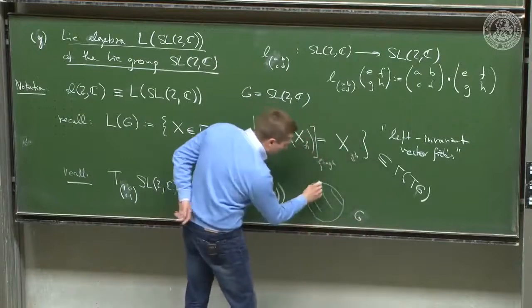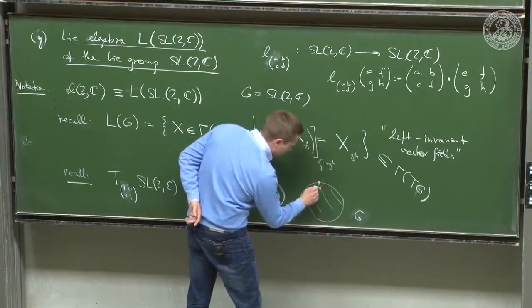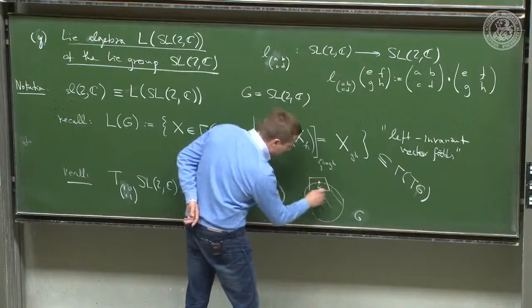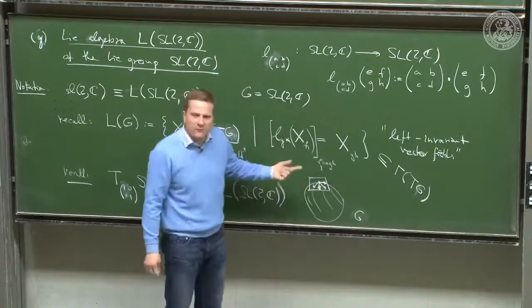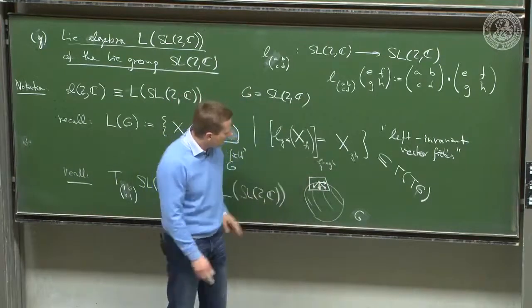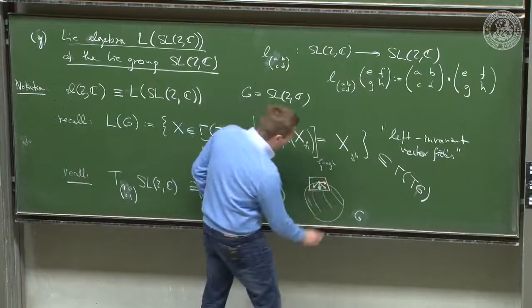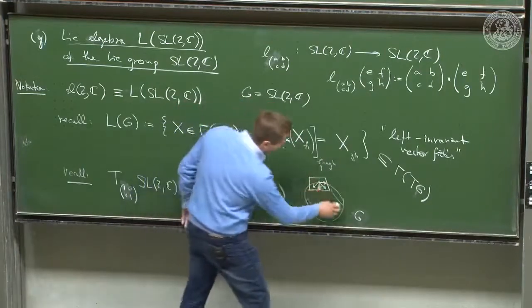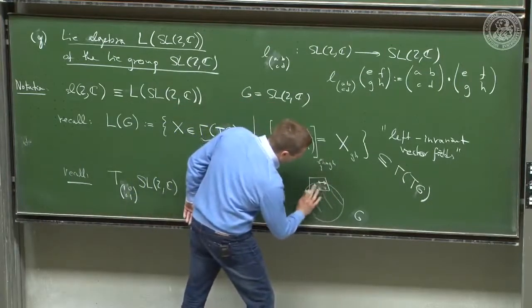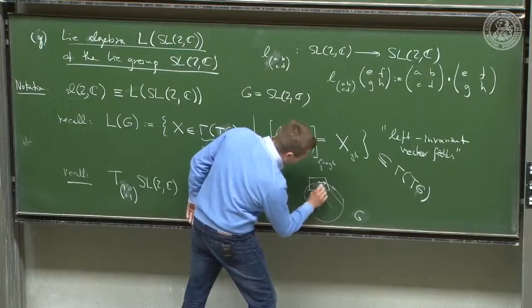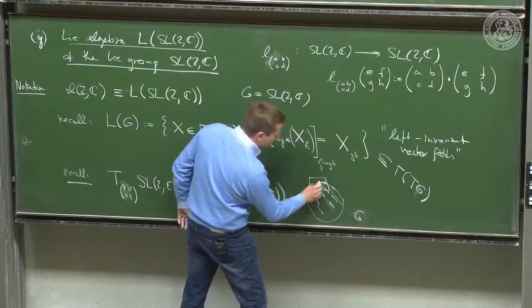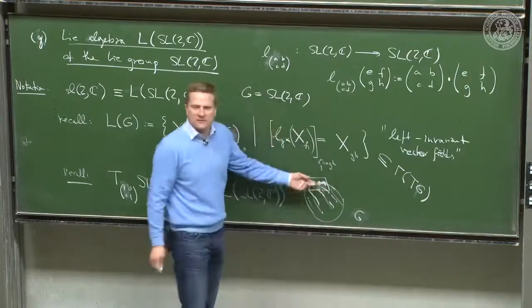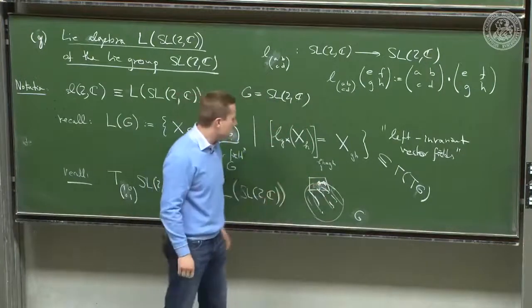Now you go to the identity, let's say that sits here, and then there's the tangent space here. Now you can look in all possible directions here, but you only have one vector. Now, the advantage of the left invariant vector fields: say you have a vector field here that looks like this, and which at the identity corresponds to one particular vector, the vector that's part of that vector field here.